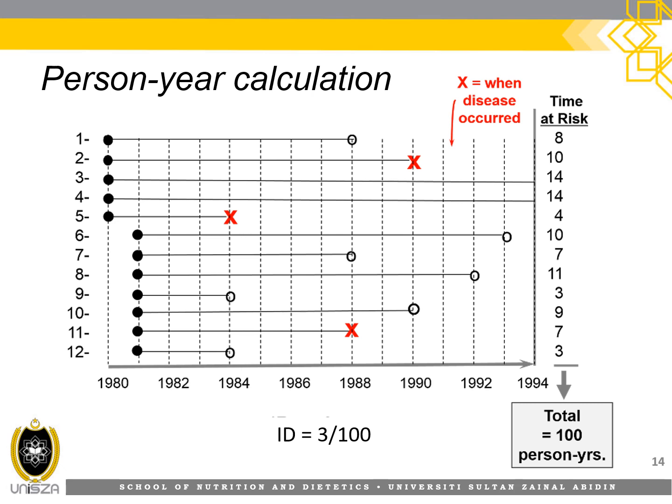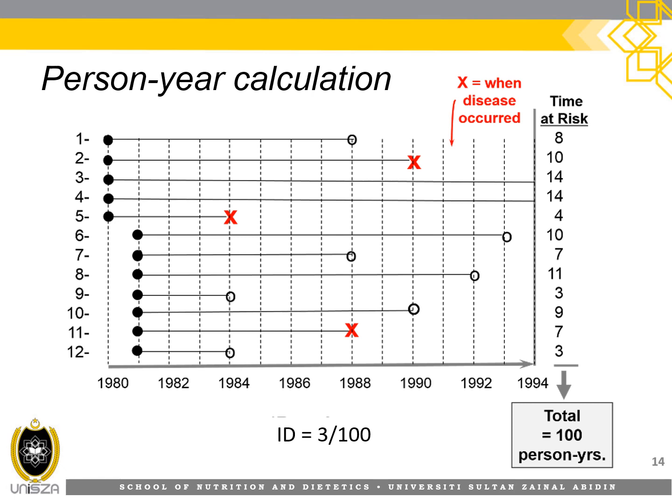This slide shows a demonstration of how to calculate person-years. The numbers 1 to 12 on your left are the IDs of the subjects, whereas the x-axis of this graph is the year from 1980 to 1994. X is equal to when the disease occurred.